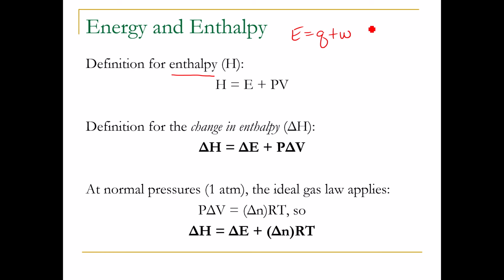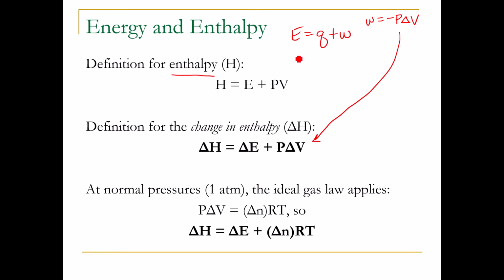If we then define work as negative P times delta V, we can see where this equation starts coming from.